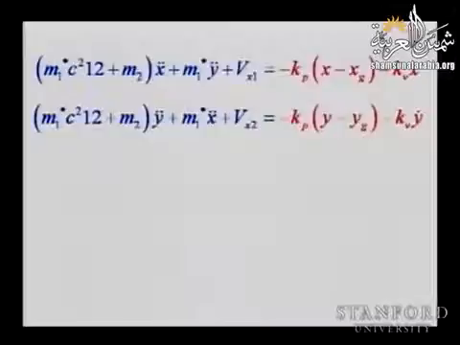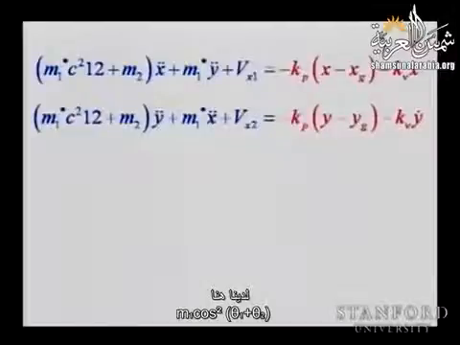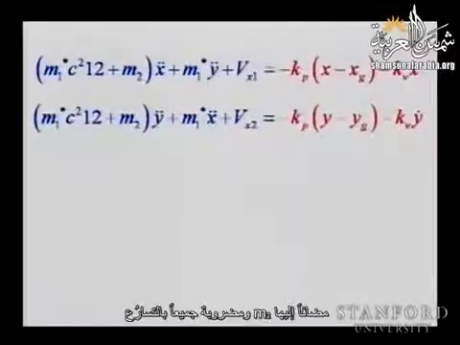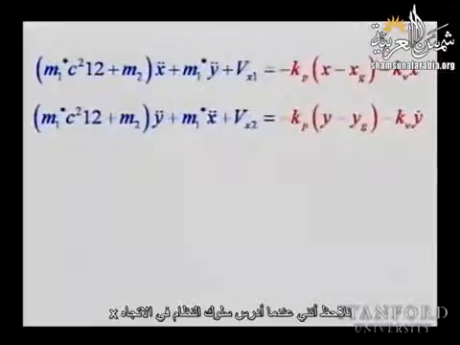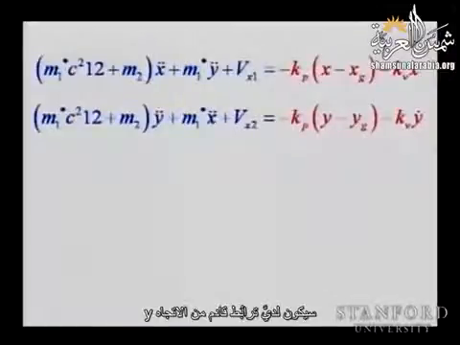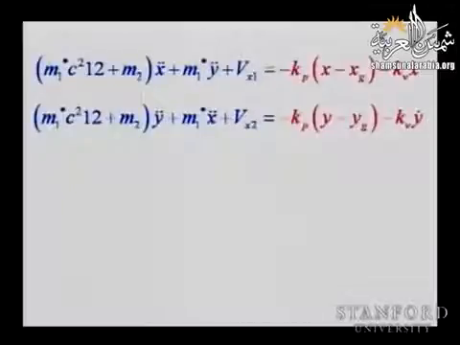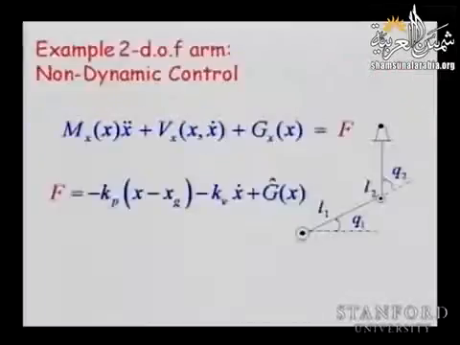What you see is that you have m1 cosine square of theta 1 plus theta 2, m2 acceleration, m1 star multiplied by the acceleration. So what do we see? When I'm studying the behavior along the x direction, I have coupling coming from the y direction. And my controller is like this.